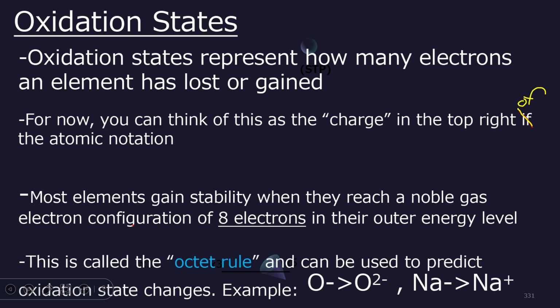If it could just gain 2, it would be very stable. So you can use this to predict how atoms will be expected to gain or lose electrons. So we can expect sodium loses 1, chlorine gains 1, oxygen gains 2. They'll most often go to their full octet and stable noble gas configuration.